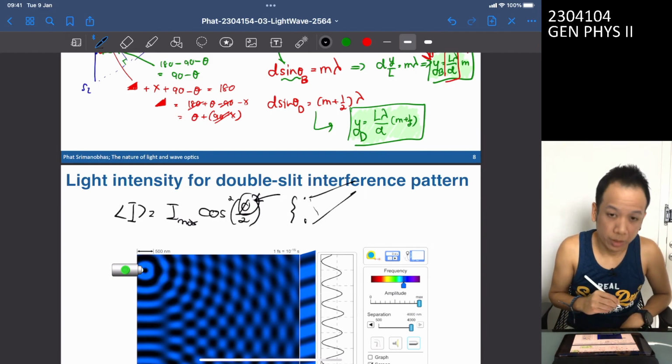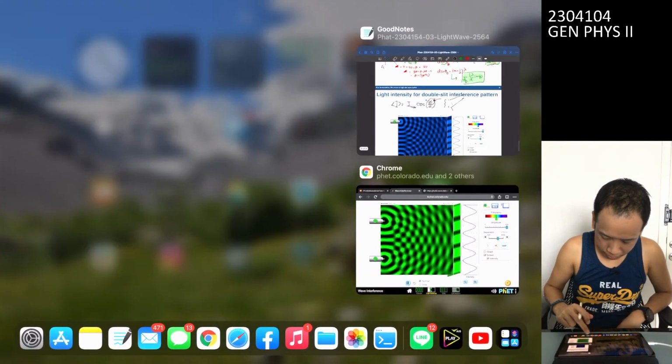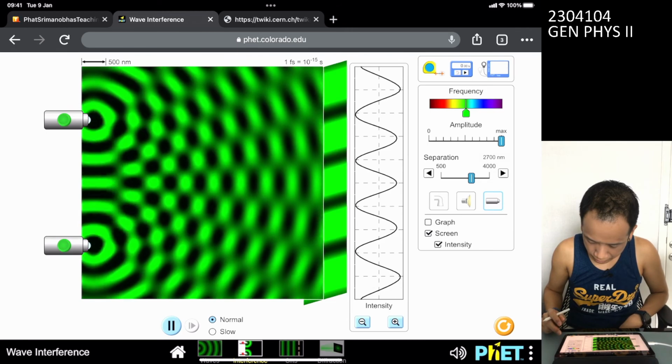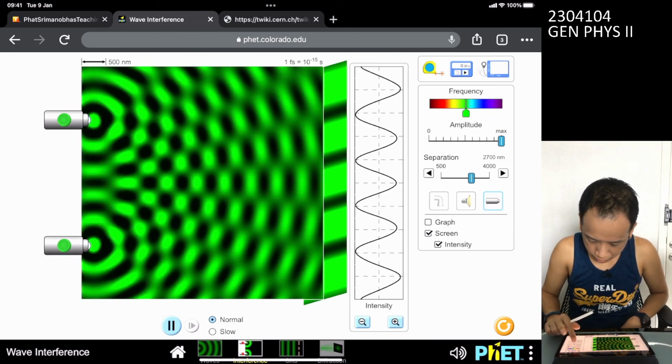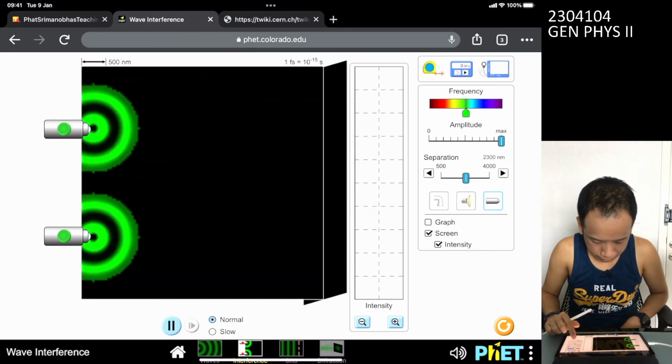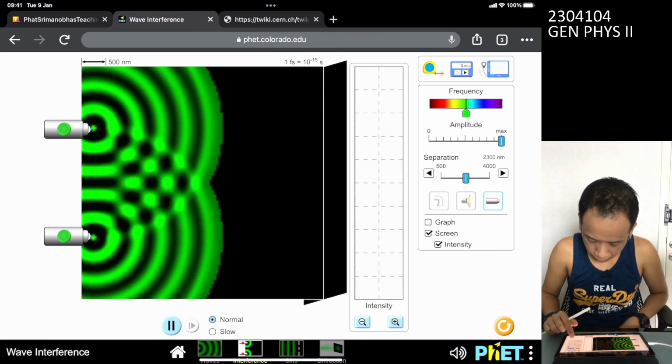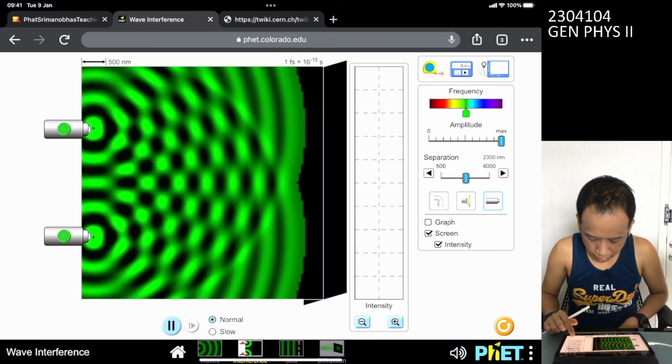So this is what we see as the difference. If you adjust the separations, you're going to see the difference.